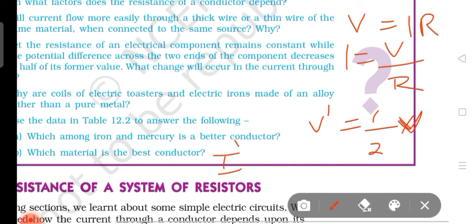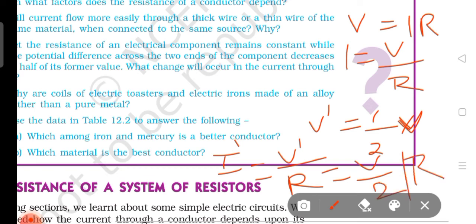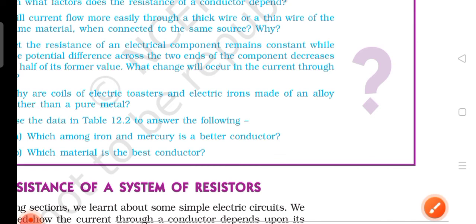So I naught will be V naught upon R. V naught is V by 2, so I naught is V by 2 upon R. Here you will find that I naught will be 1 by 2 into I. How come?